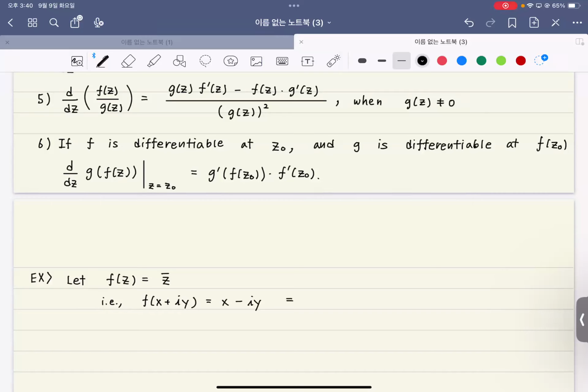So using the terminology from multivariable calculus, I can say this function is actually (x, -y), right? So this is a function from R2 to R2, so two-dimensional Euclidean space to another two-dimensional Euclidean space.